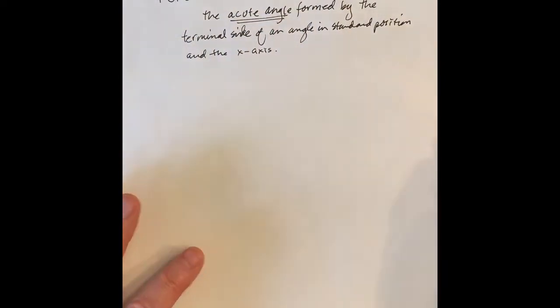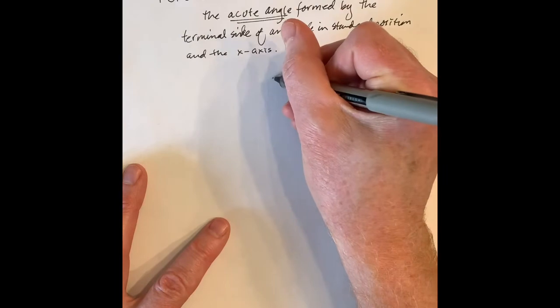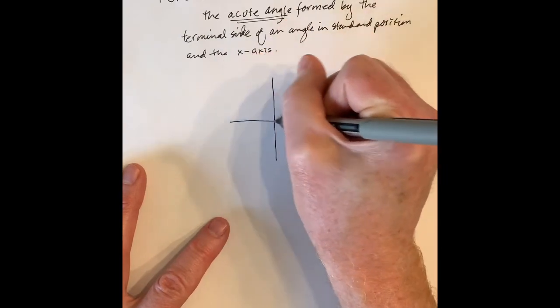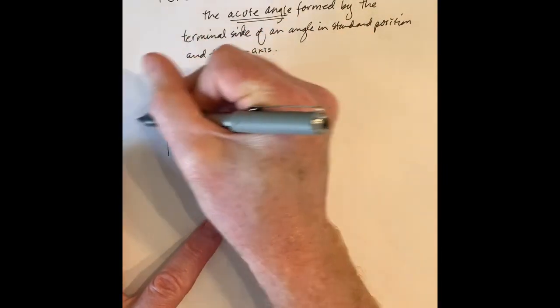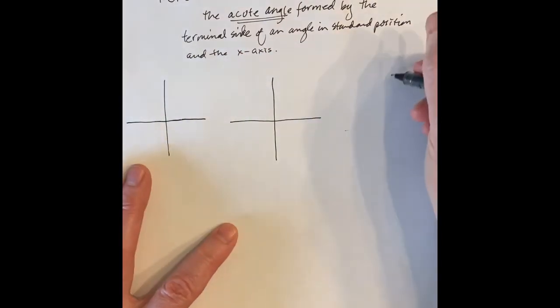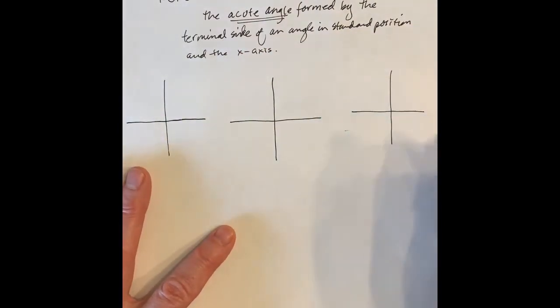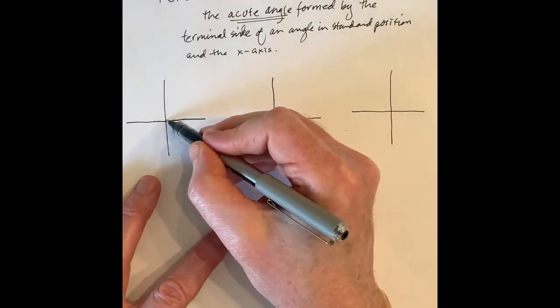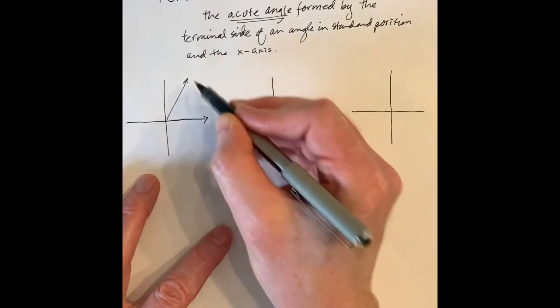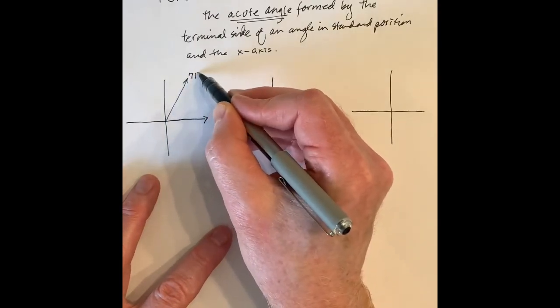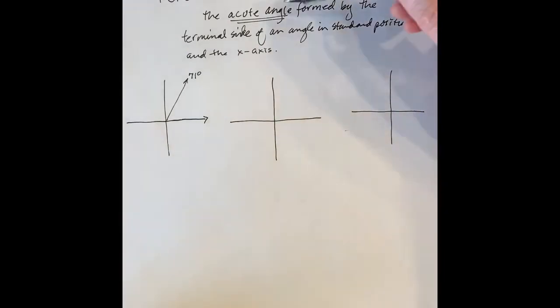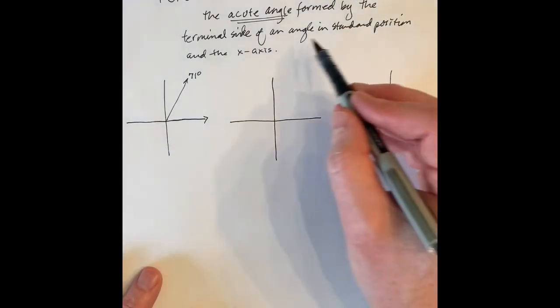Now the key is acute angle, all right? So let's just think about random angles. Like what if I give you 4 random angles. So first one, what if I gave you this angle right here and told you it was 71 degrees? Well, according to this, it's the acute angle formed by the terminal side of an angle in standard position.